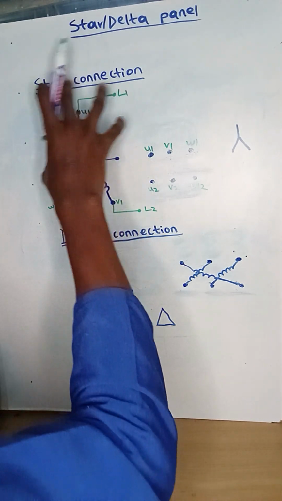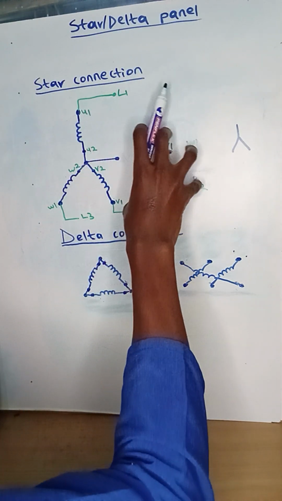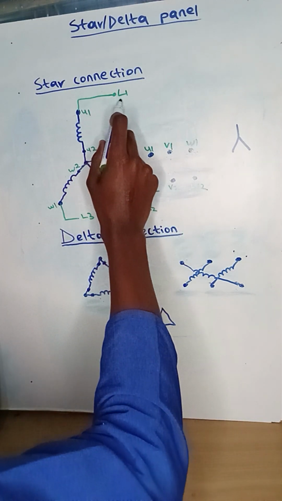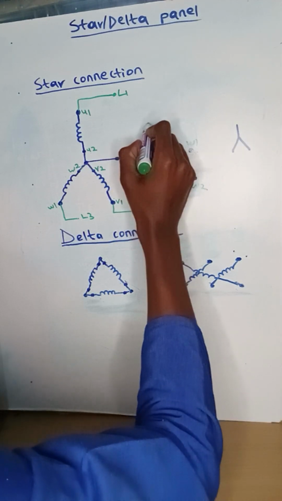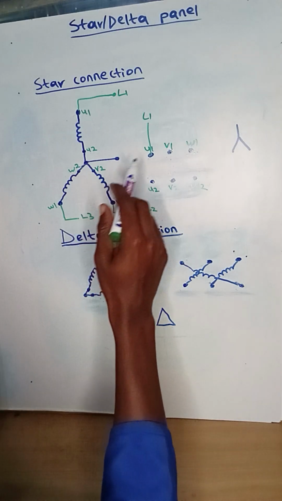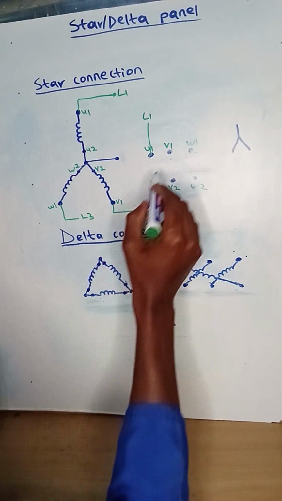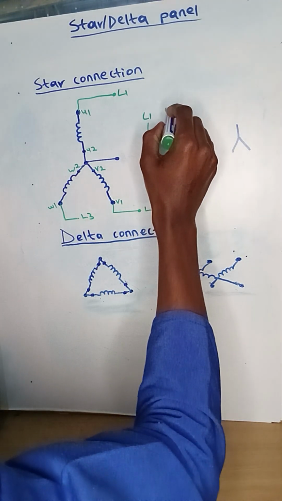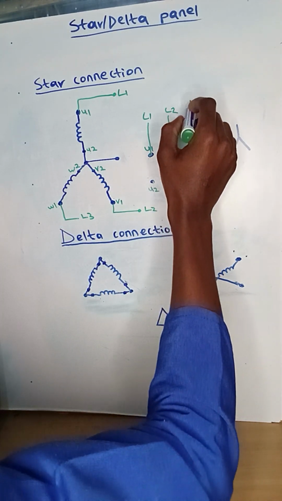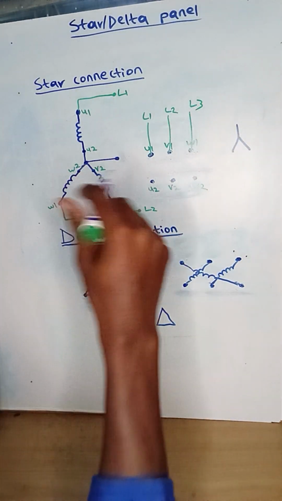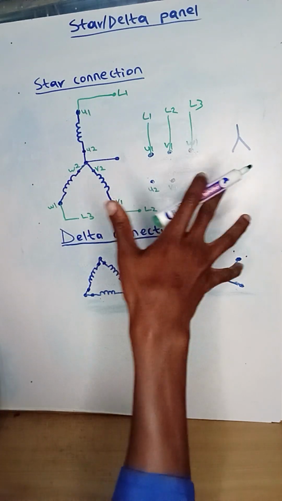So what I've done in this sketch, I'll also do in this sketch. So I set my line 1 with U1. U1 is here, which means this is line 1. And then V1 with line 2. V1 is here, which is line 2. And W1 with line 3. W1 is here, which is line 3. So from the top points, I'm done.